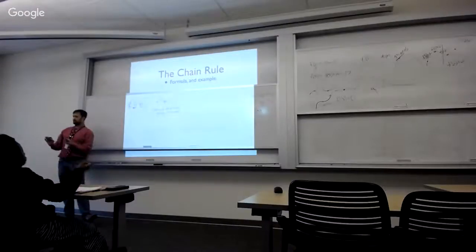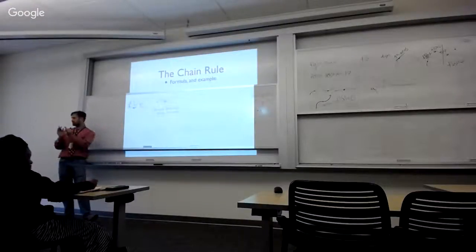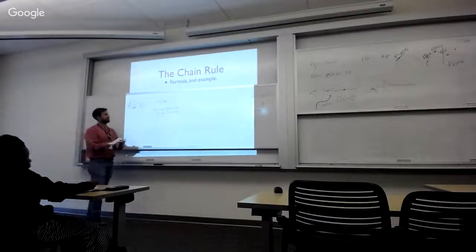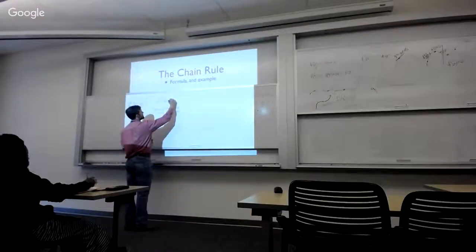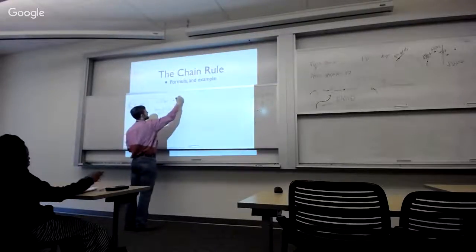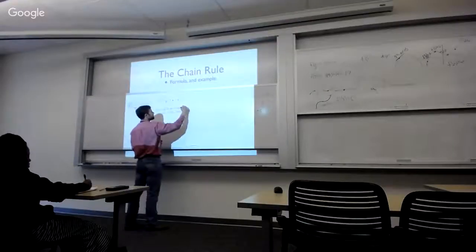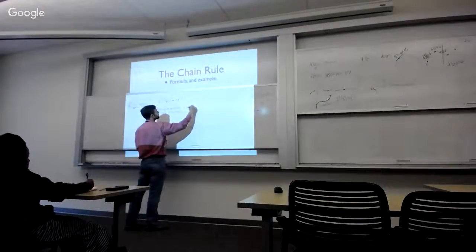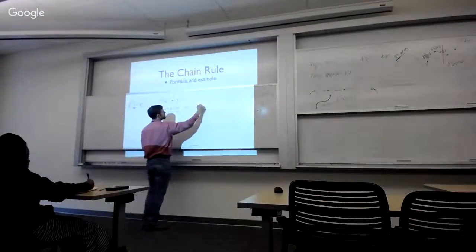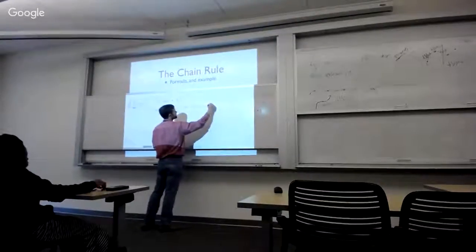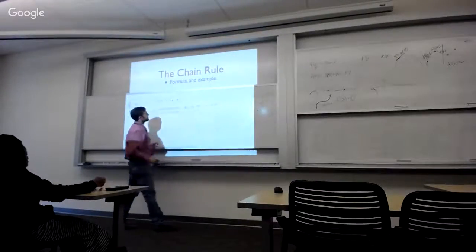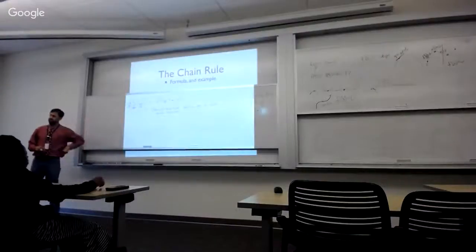That's the first part. So you just take the derivative of the outside function, leave the inside function completely alone, you don't touch it, and then you multiply by the derivative of the inside. All right, that's the chain rule.